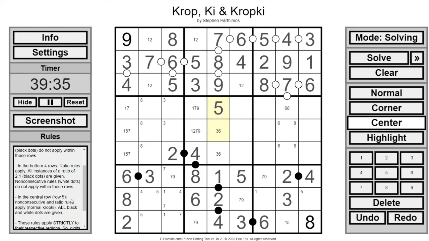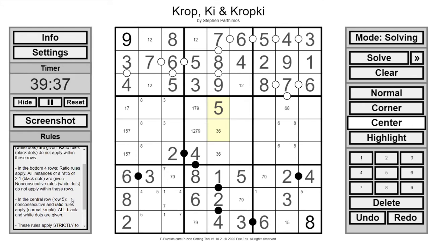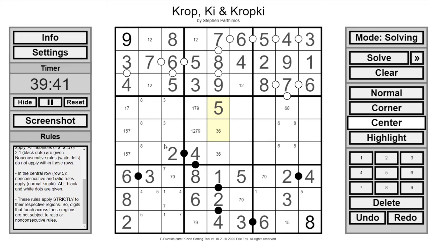And like a crunching noise. Spooky. Anyways, in the central row, the black and white dots are given. But they both technically have the same rule set. So, I don't know.